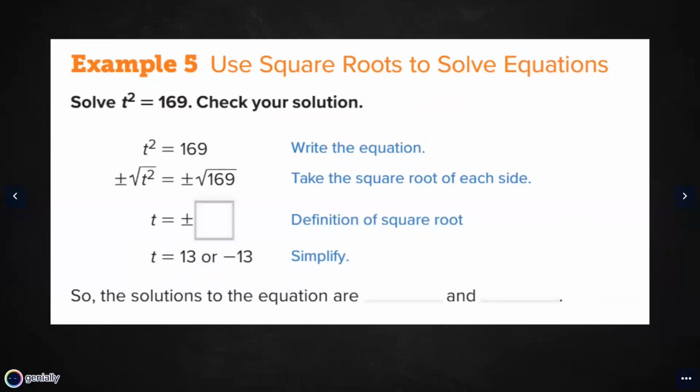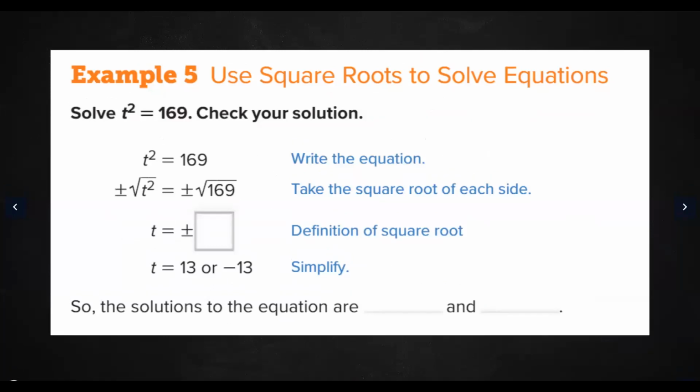It says use square roots to solve equations. Solve t squared equals 169 and check your solution. So t squared is equal to 169. What we need to do is take the square root of t squared and the square root of 169. When we take the square root of a number, the squares are eliminated.